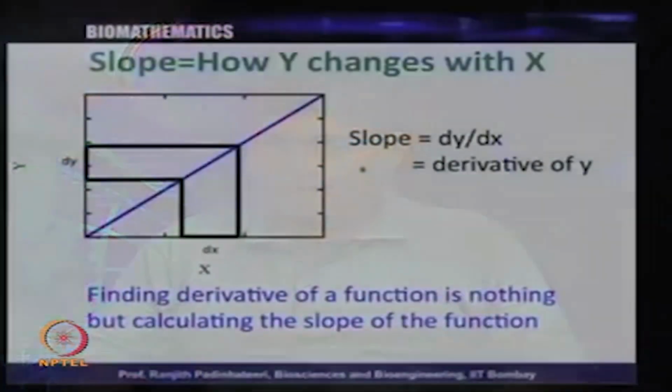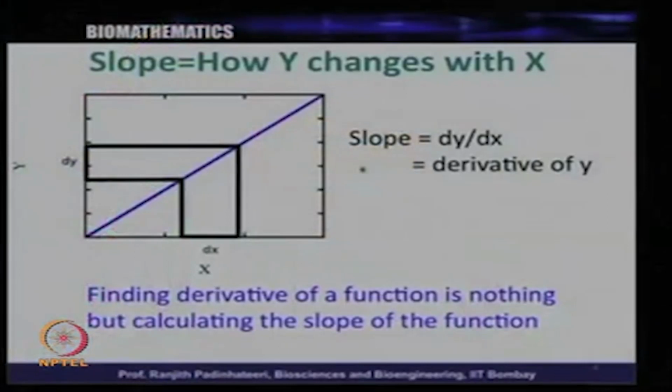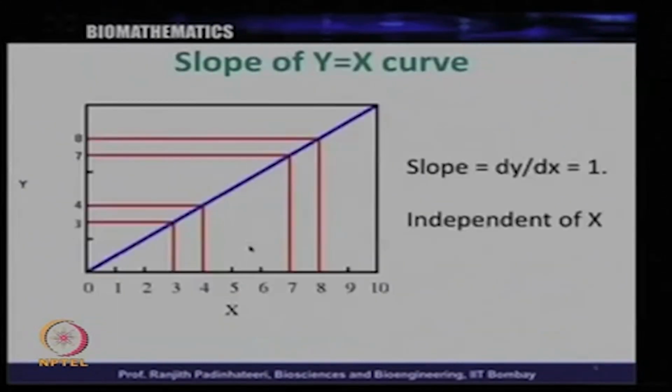Okay, so now let us look a little more at what we have. As we see here, we can calculate dy by dx by noting down the dy and the dx, and we saw last time that whether you take dx here or here for a straight line, you always get the same slope.